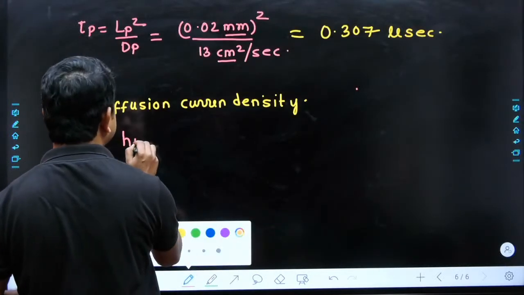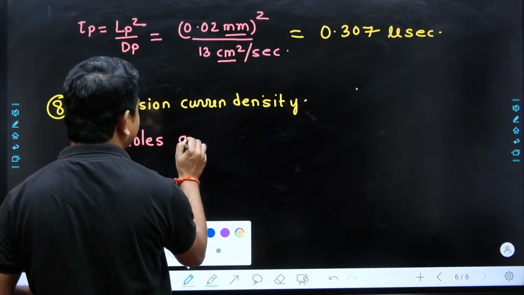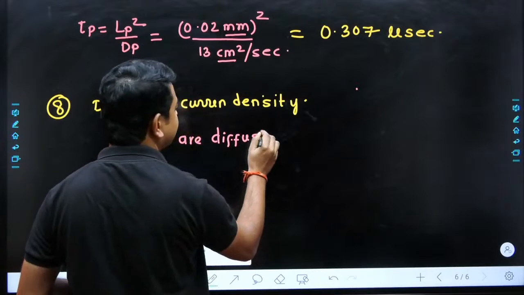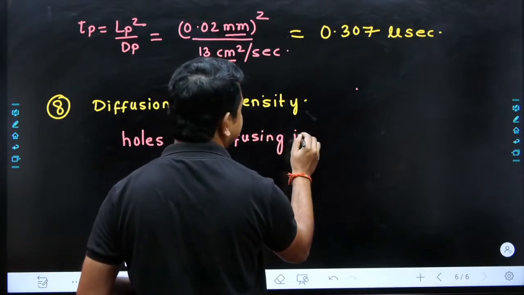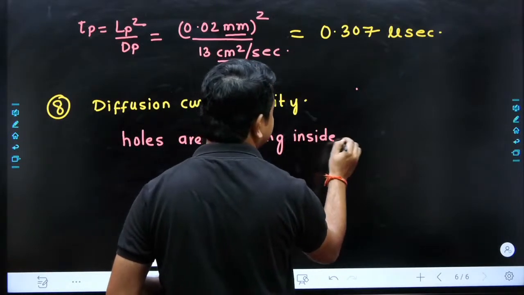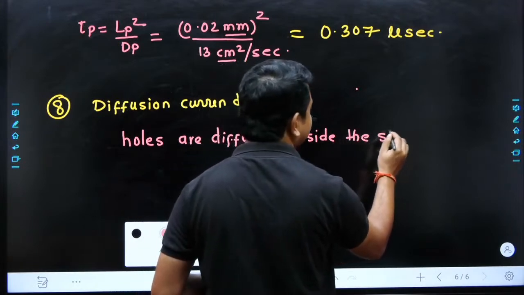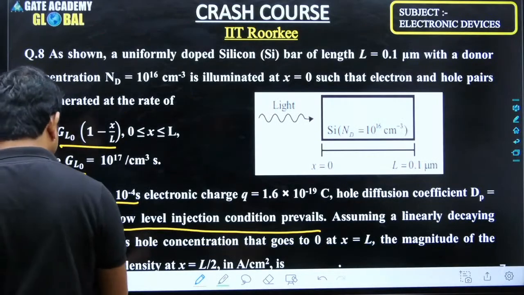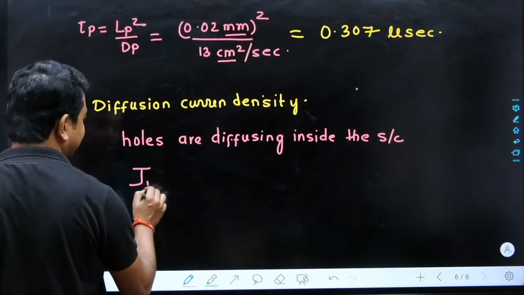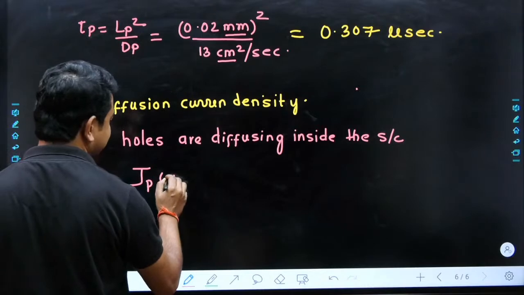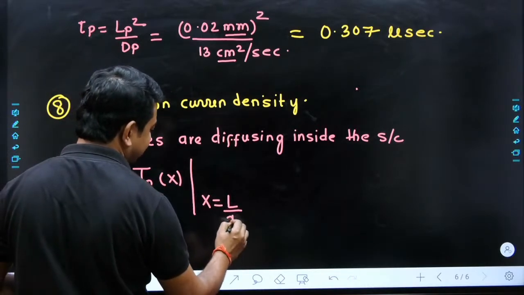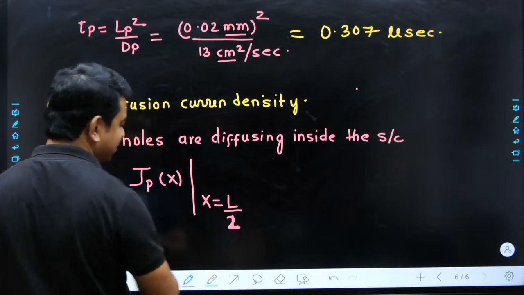So holes are diffusing inside the semiconductor. That means we have to find the diffusion current density due to holes, which changes with respect to distance, at x is equal to L by 2. So this is the distance at which we have to find it.